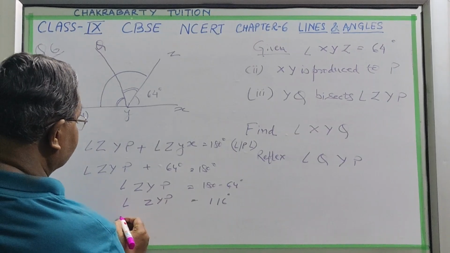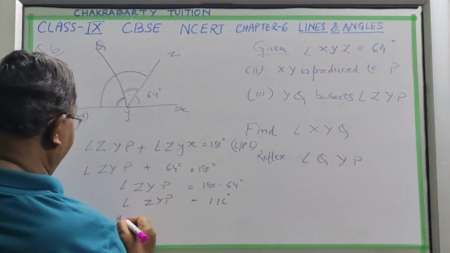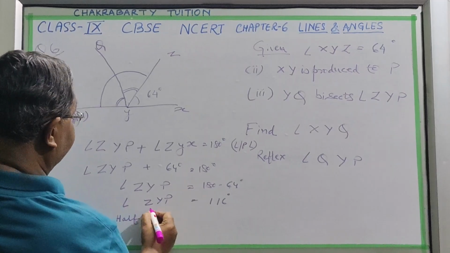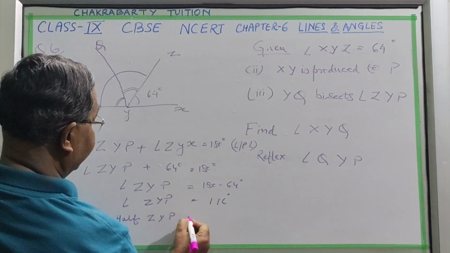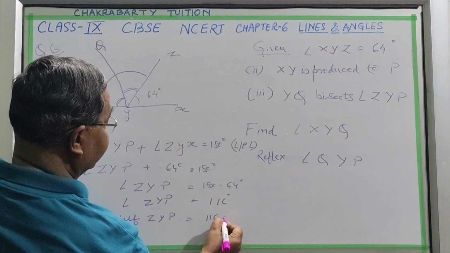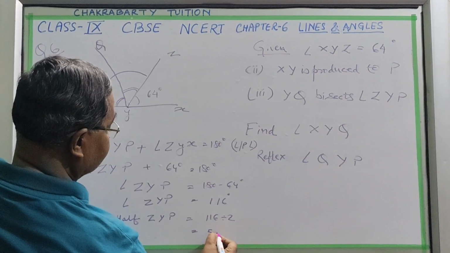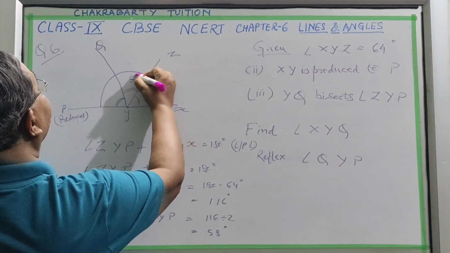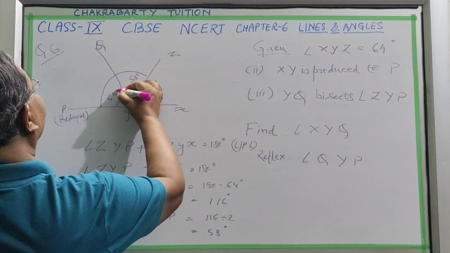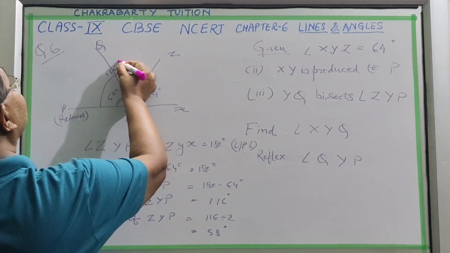Half of ZYP will be 116 divided by 2, which is 58 degree. It will be 58 degree, and it will also be 58 degree, and both are located on 116 degree.